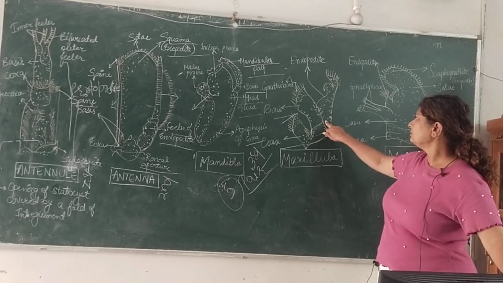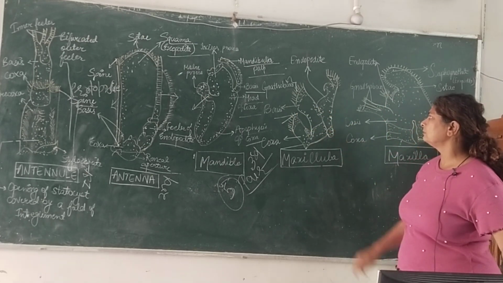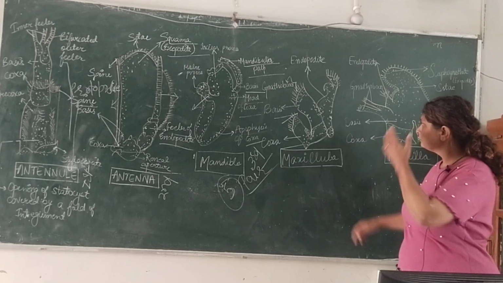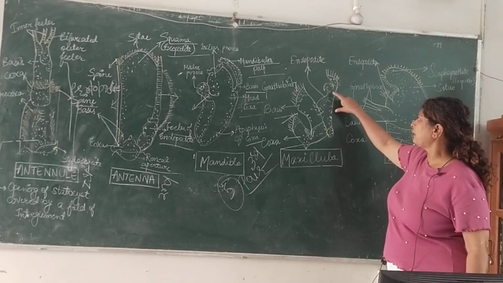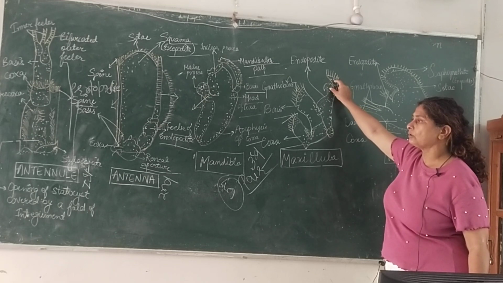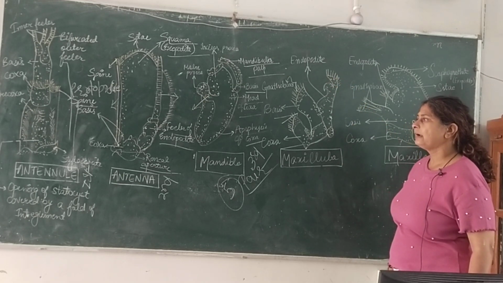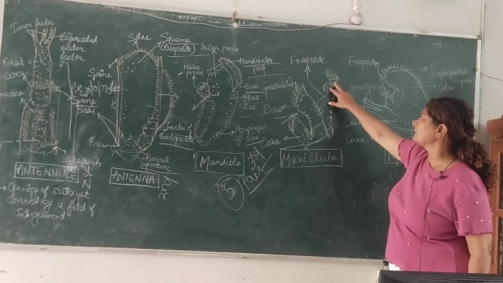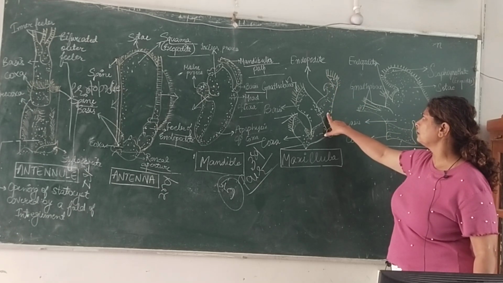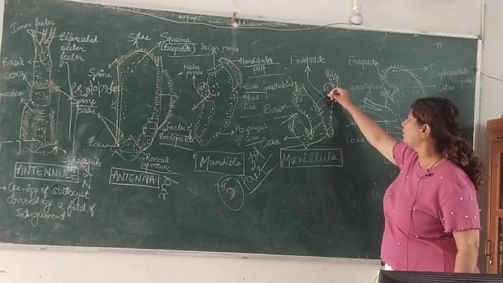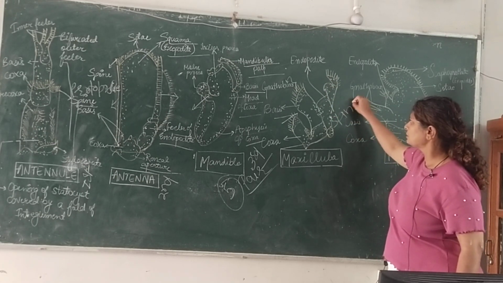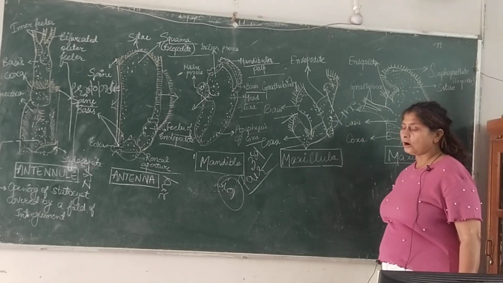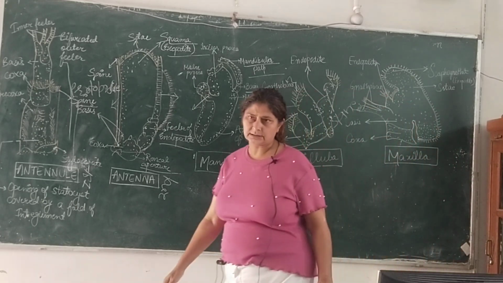Third one, just after that, there is present one again fan like structure which is on the upper side. It is divided into two parts. This is called the endopodite, or it is a spine like structure, or called gnathobasis.